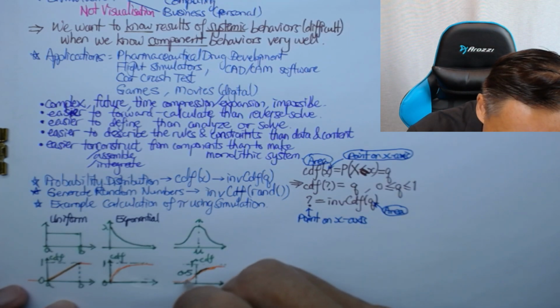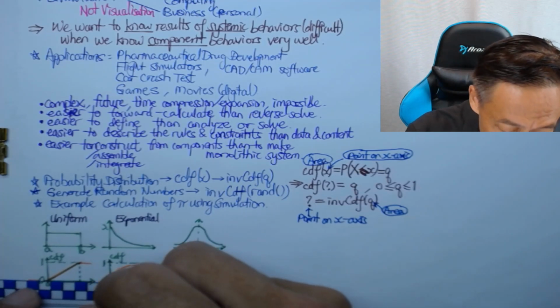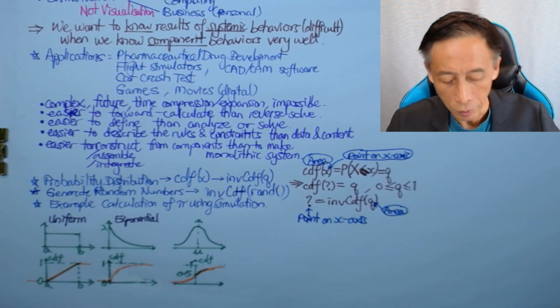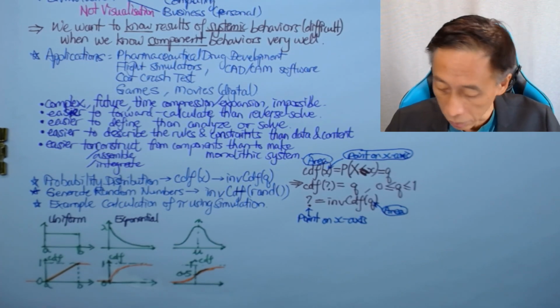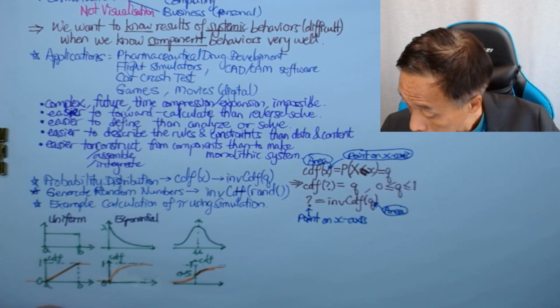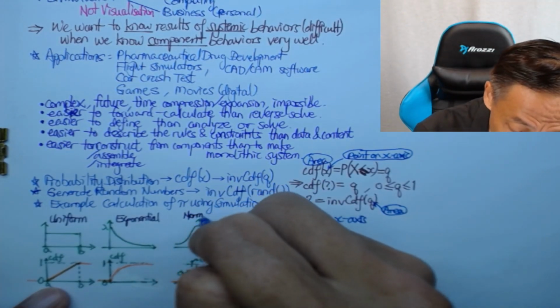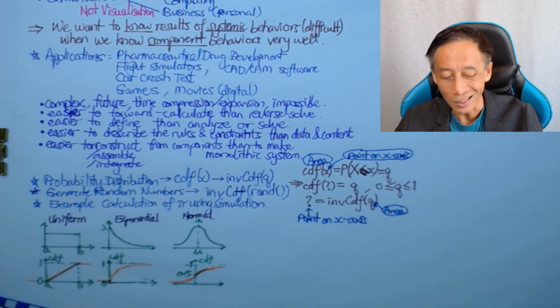So it's very much like an S curve. Okay, very much like an S curve. And let's label this. This is our normal curve. Okay, and that's about it. These are the commonly encountered ones.